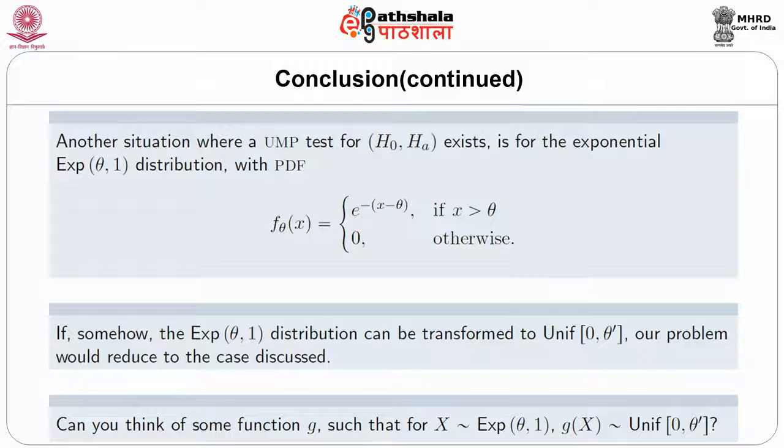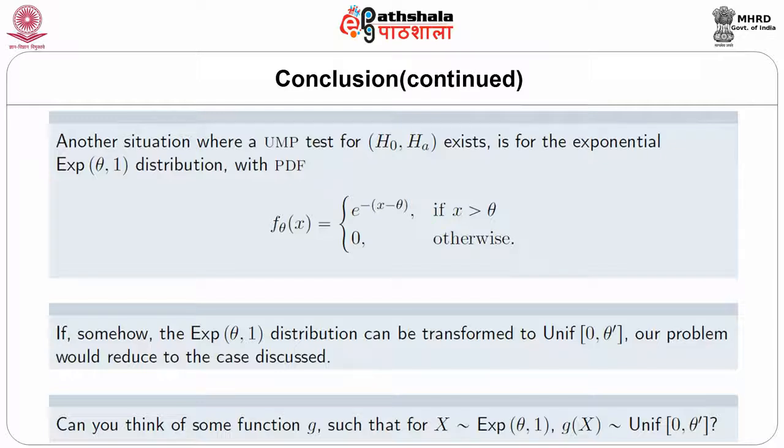Here is another situation where a uniformly most powerful test for H naught, theta equals theta naught, against a two-sided alternative exists. The exponential has the form e to the power minus (x minus theta) if x is greater than theta and 0 otherwise.